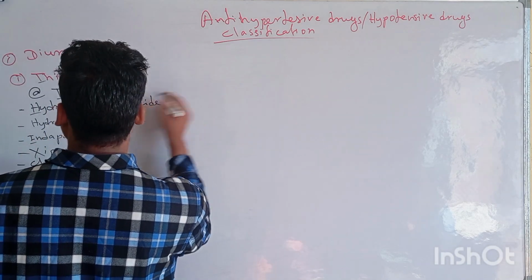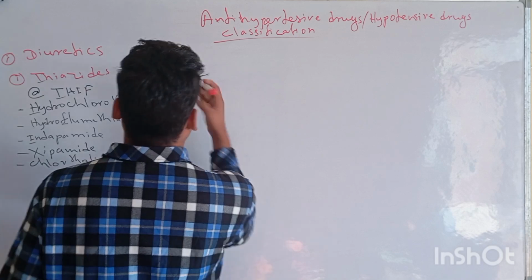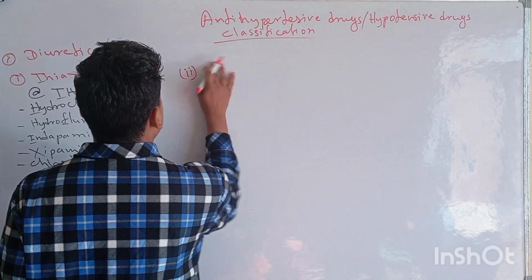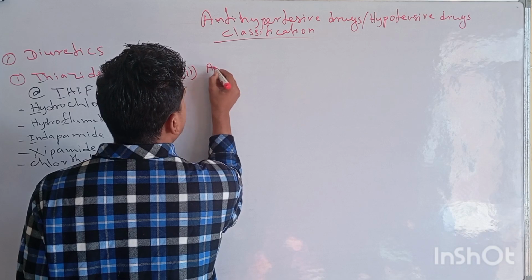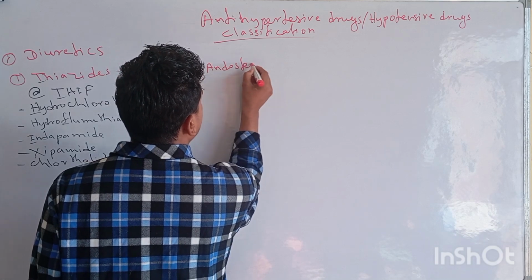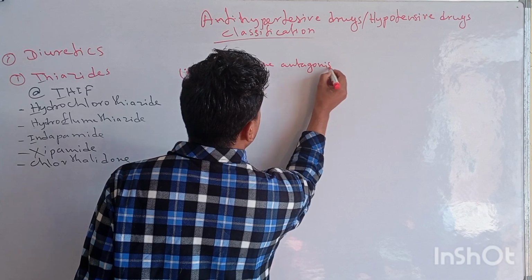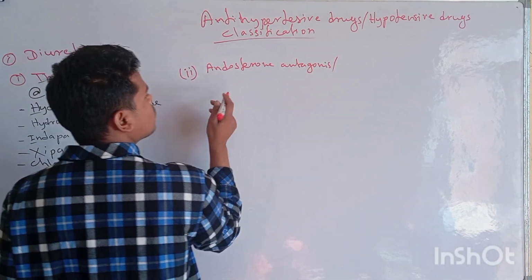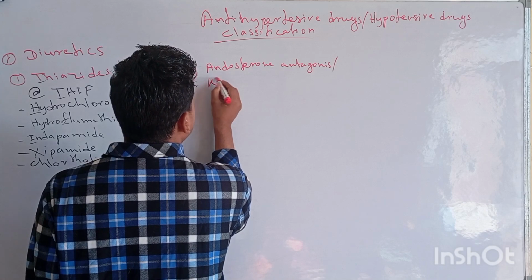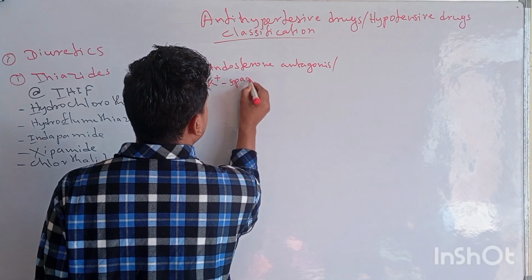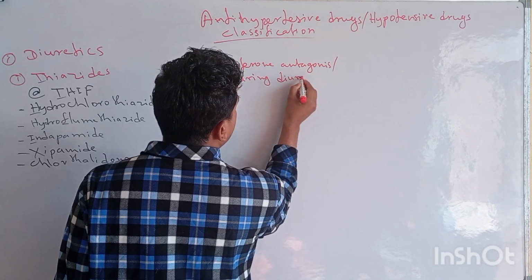Next will be aldosterone antagonists. Aldosterone antagonists, or you can also call them potassium sparing diuretics.